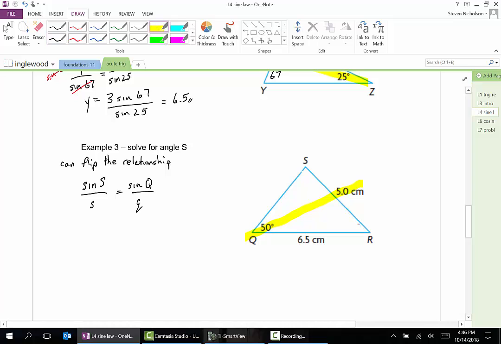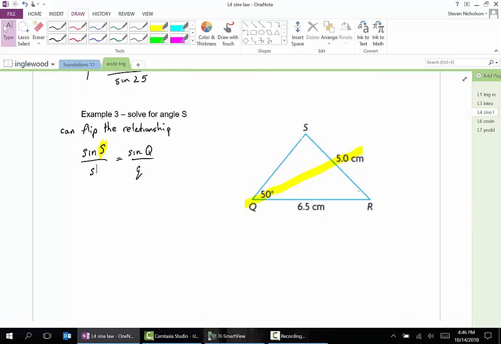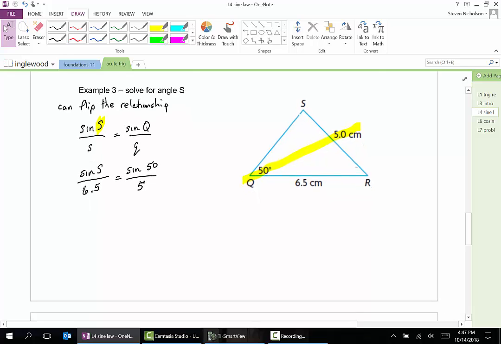And remember, eventually we want to solve for s. It's a lot easier when it's on the top. And in the previous video, I showed you why you can do that. So let's just go ahead and finish. Sine of s over 6.5 is equal to the sine of 50 over 5. Now again, a quick little question right now.